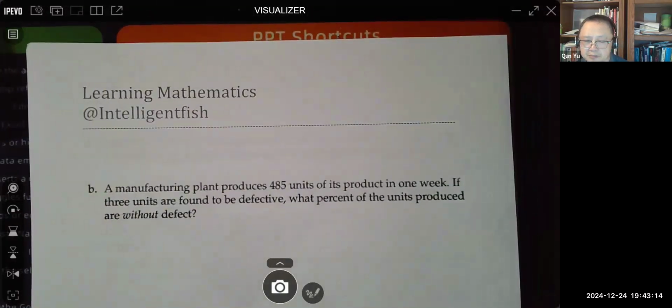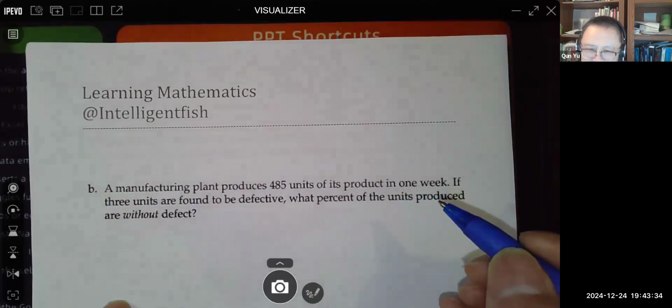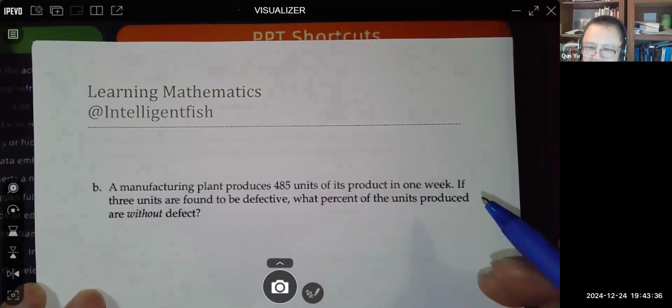A manufacturing plant produces 485 units of its product in 1 week. If 3 units are found to be defective, what percent of the units produced are without defect? Now, this is a little bit more challenging. It's not much, but a little bit different.